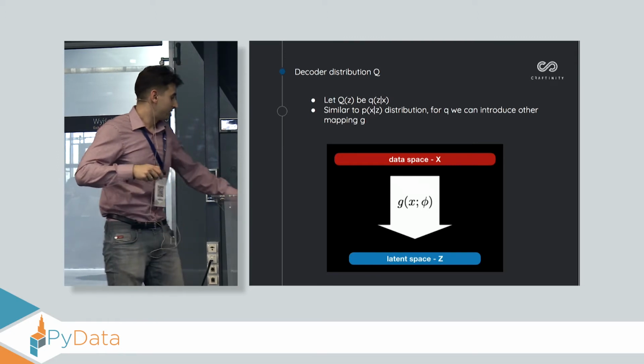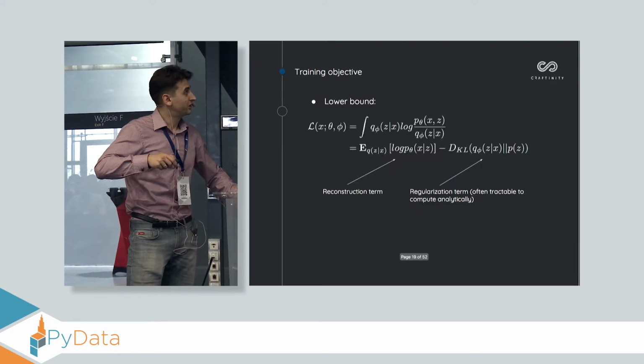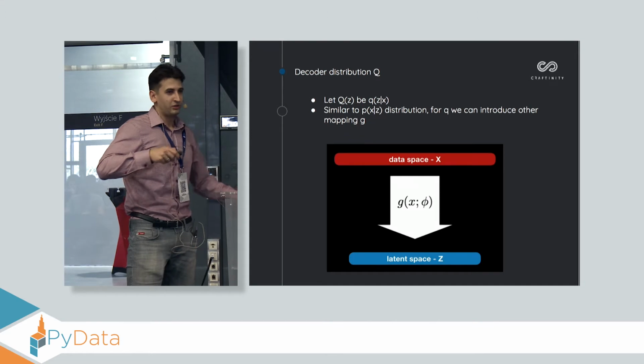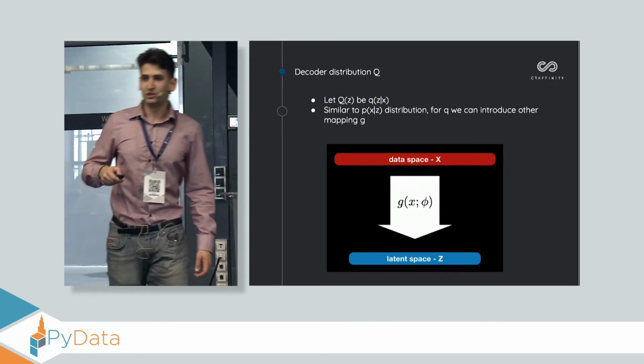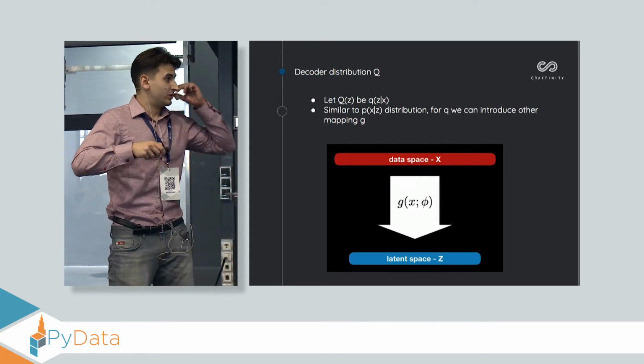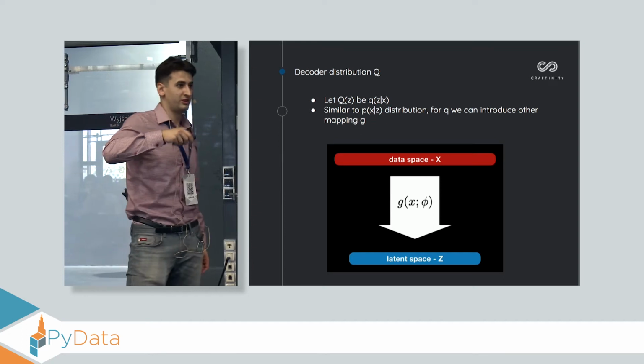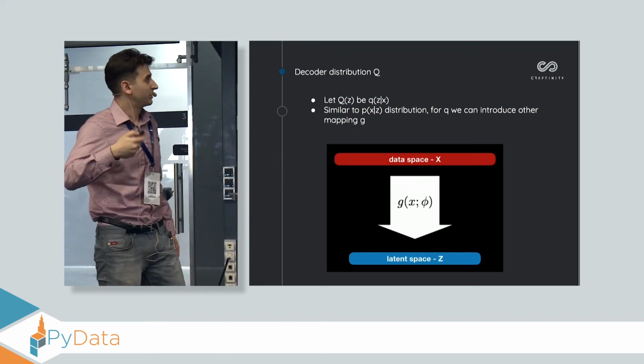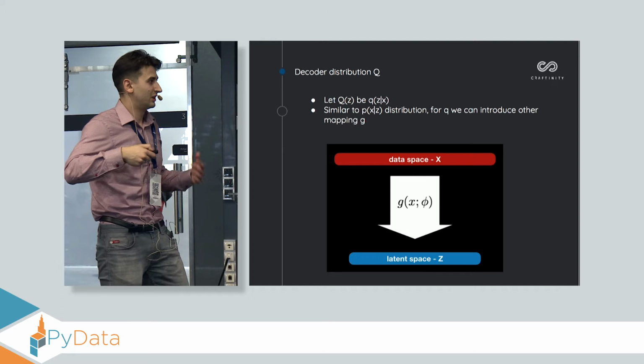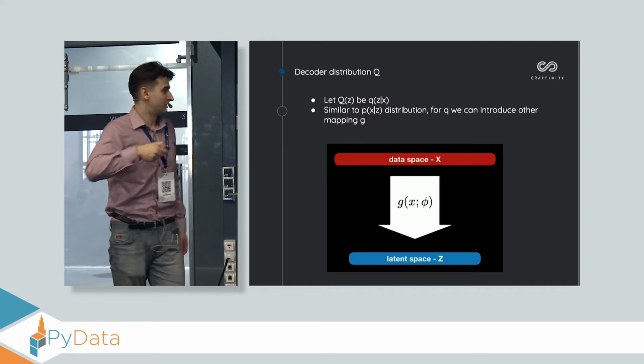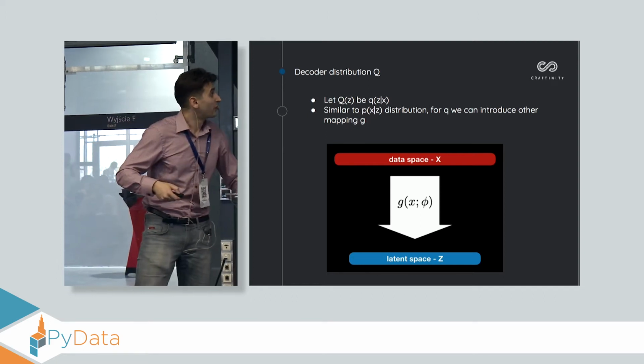We have the same with our variational autoencoder, but here we are working in the probabilistic framework. So instead of deterministic neural networks, we have neural networks used to model probability distributions.